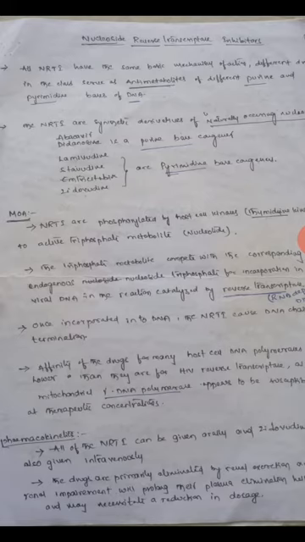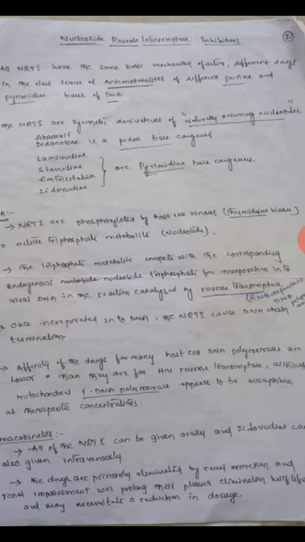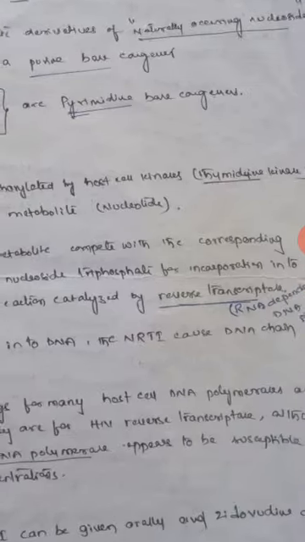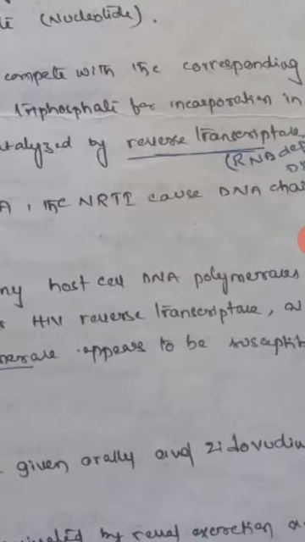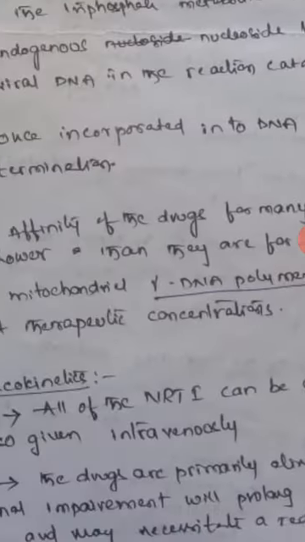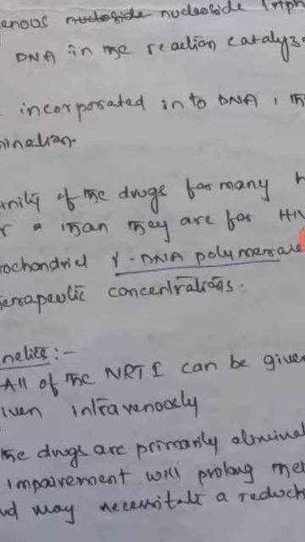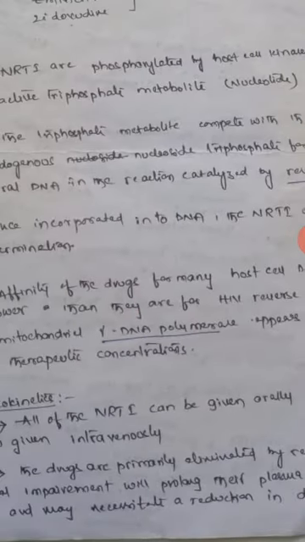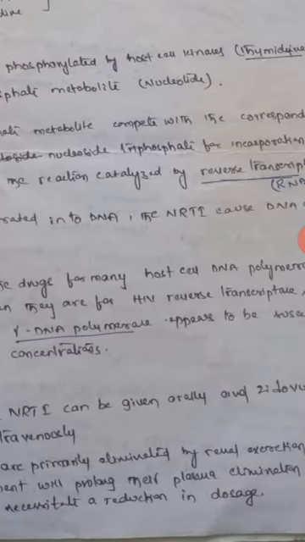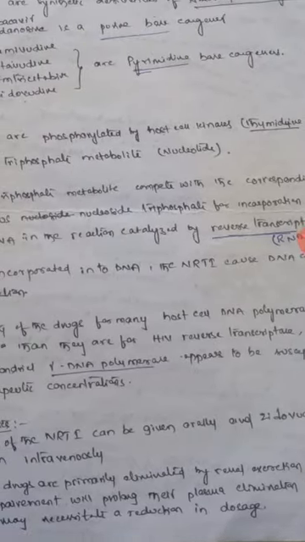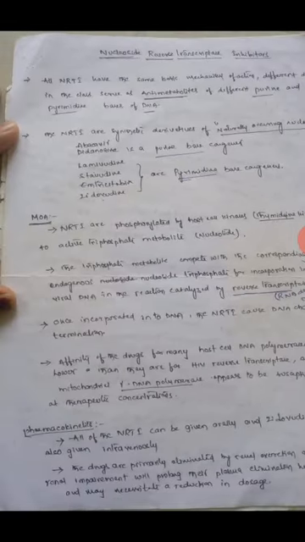The problem is that these inhibitors not only inhibit the viral DNA polymerase but also inhibit our host cell DNA polymerase enzyme, which leads to some side effects. The DNA polymerase present in the mitochondria appears to cause some side effects in the host cell.